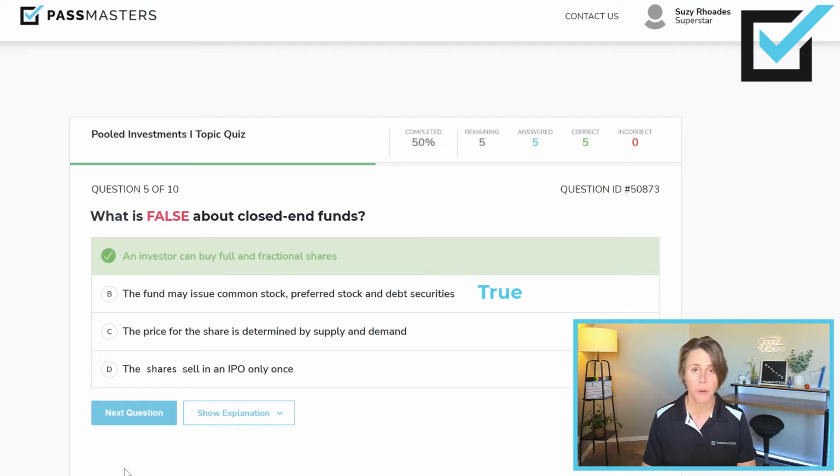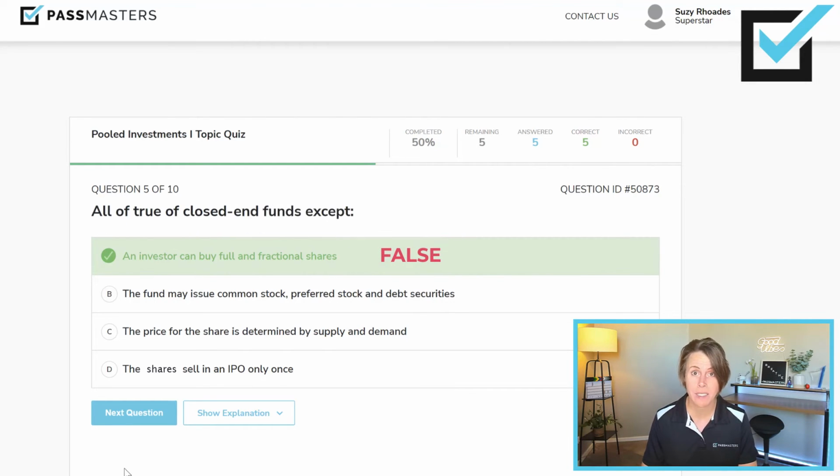That is true about a closed-end fund. If it had been an open-end fund, that would have been a false statement. So the right answer for this question is the false statement. That can feel really weird on the test, but just practice that, picking something that is wrong when the question is asking for that.